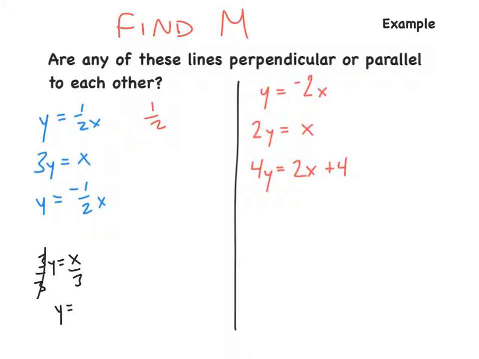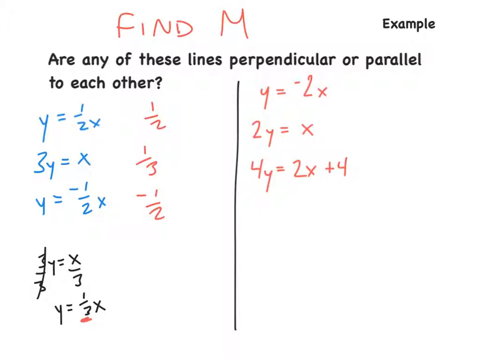So y is going to be 1/3 x. So the slope for the second one is going to be 1/3. Slope for the third one is going to be -1/2.